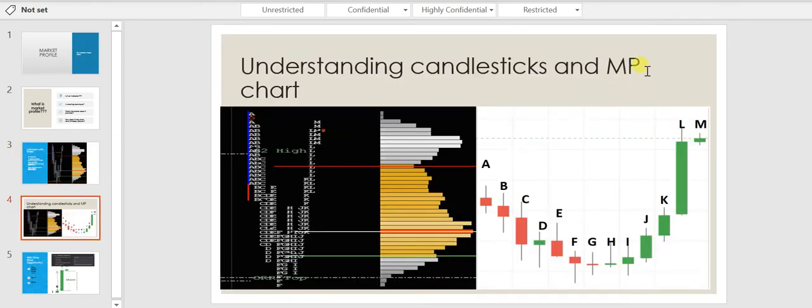So this is the difference between candlesticks and market profile. Let us say this is my A print, this is my 30-minute candle. If the 30-minute candle looks like this, for 30 minutes we call the A print a TPO. In the chart it prints like this.